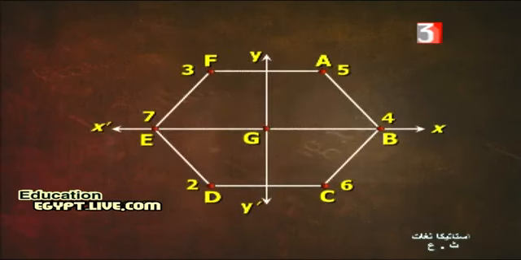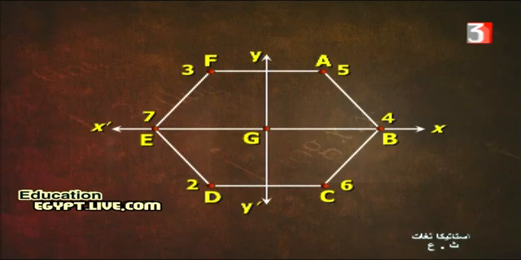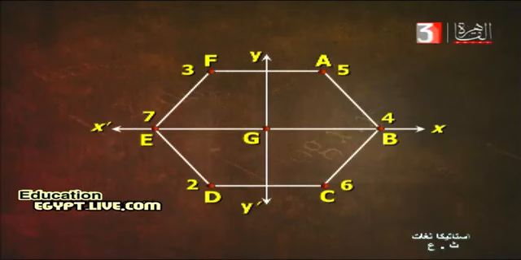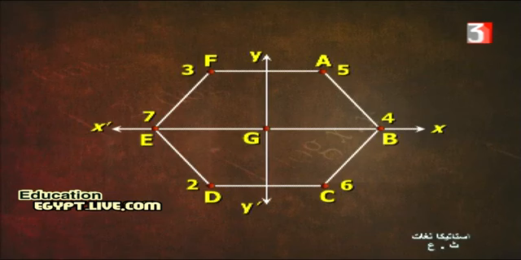Look at A, B, C, D, E, F. We determine the mass at A 5, mass at B 4, mass at C 6, mass at D 2, mass at E 7, mass at F 3. And we determine the center G, the origin point, which represents 0, 0.